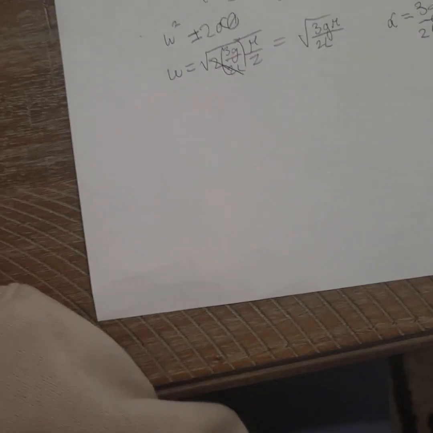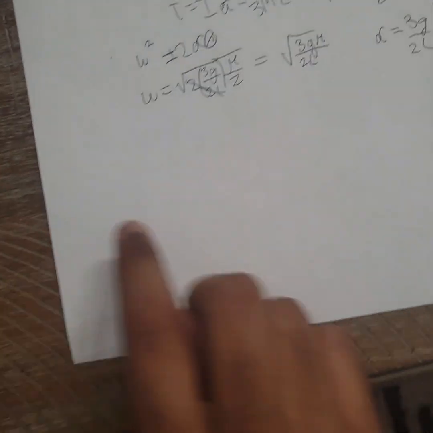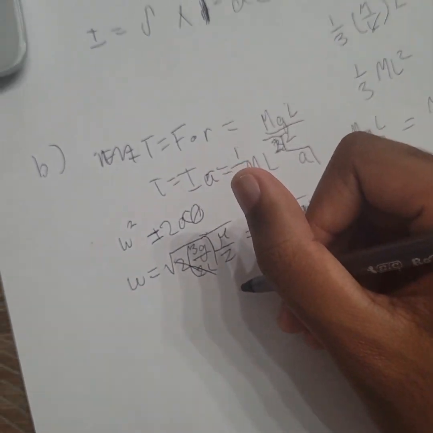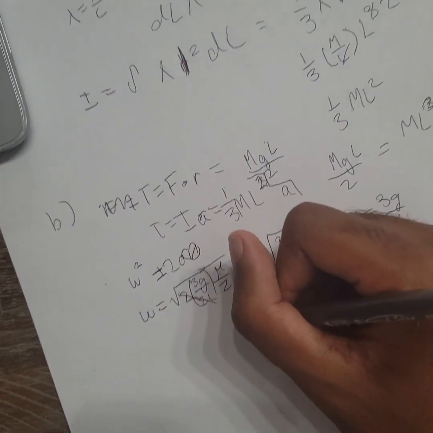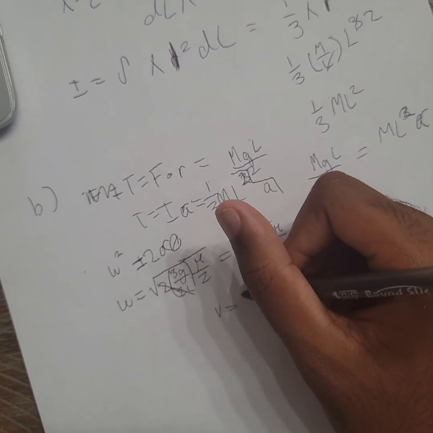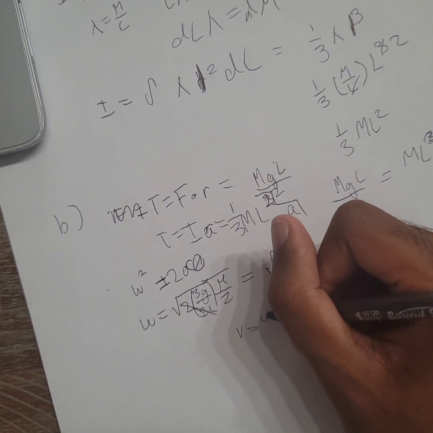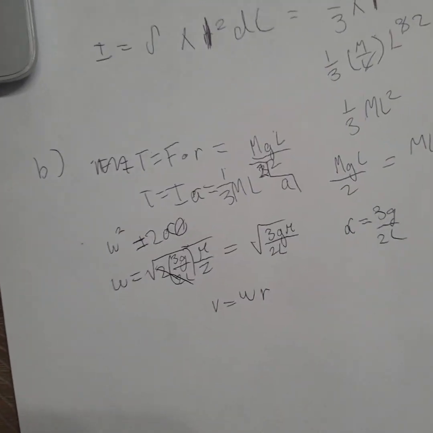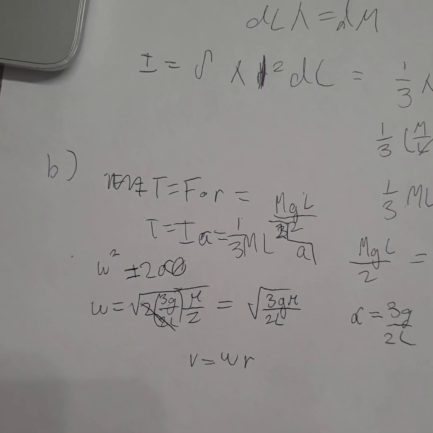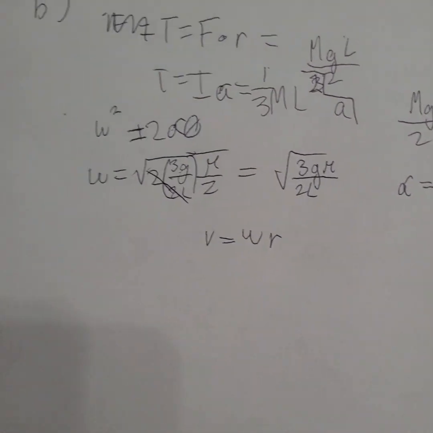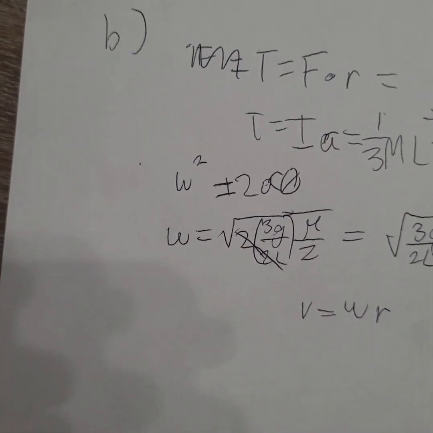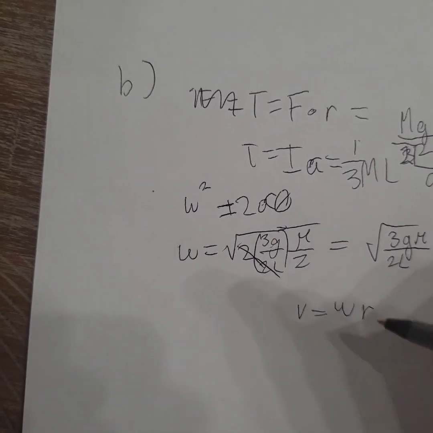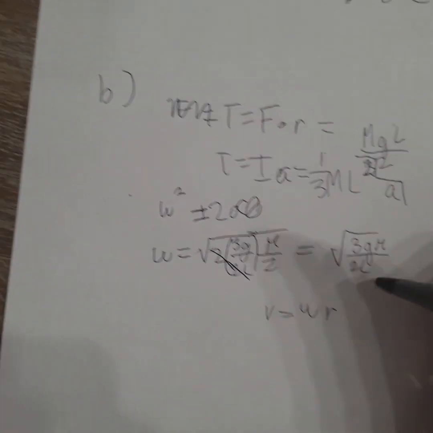And then finally, what you're going to do next is see that v equals omega r. And then you're going to replace omega.